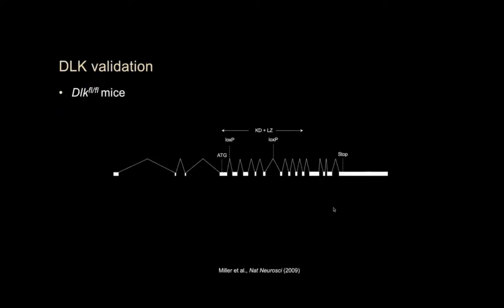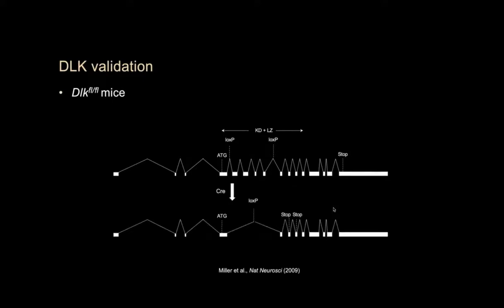To validate that what we were finding on plastic had some in vivo relevance, we turned to Aaron D'Antonio's floxed DLK mice, in which the addition of CRE leads to an incomplete kinase domain and loss of function. Given that glaucoma is an axon injury disease, we used the quick and dirty model of optic nerve crush to validate DLK.